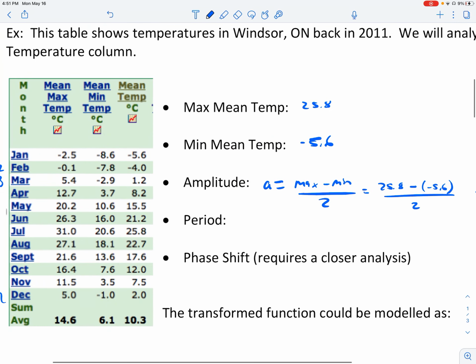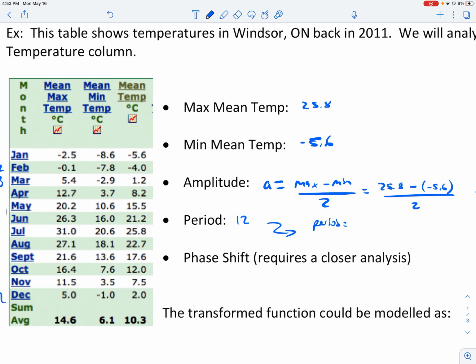So the period, how long do you think it'll take to complete one full cycle? Well, for weather in Windsor, and usually in most places in the world, it repeats on a yearly basis. So it's going to have a period of 12 months. However, I'm trying to come up with the equation, so I want to know the value of K, right?